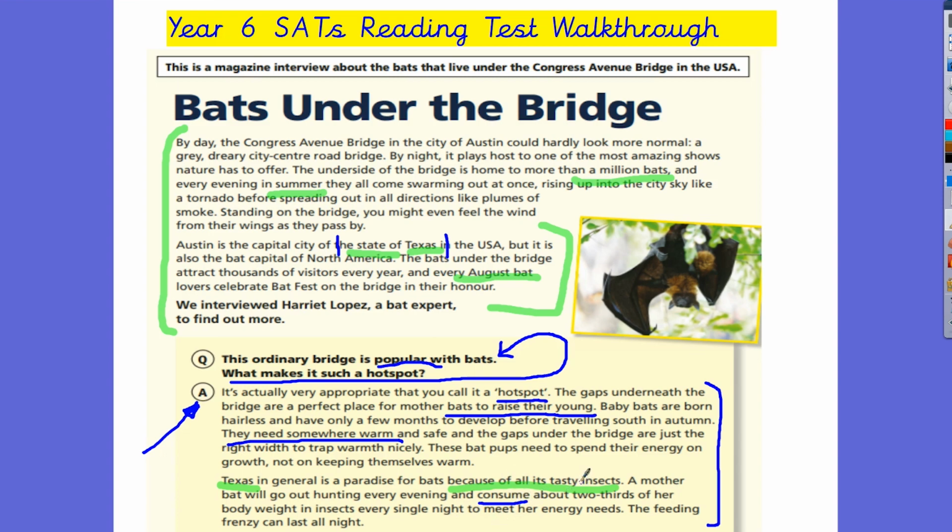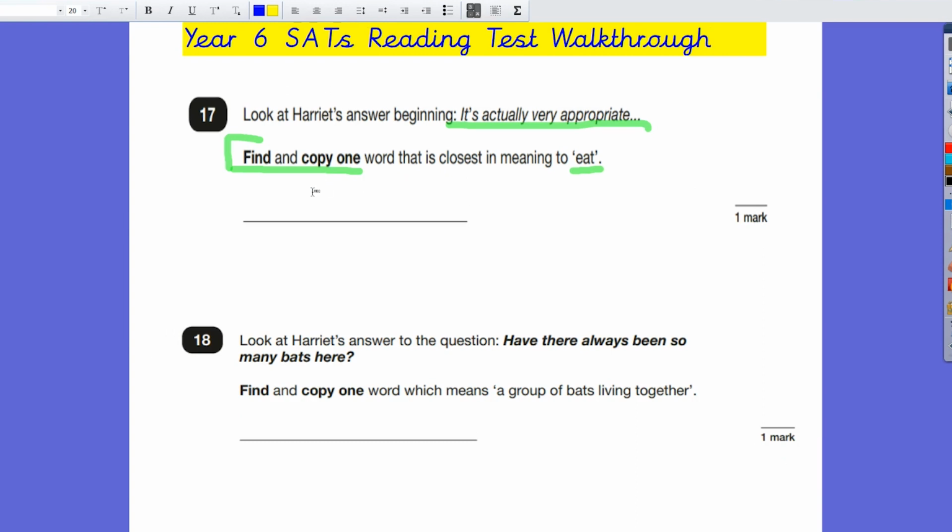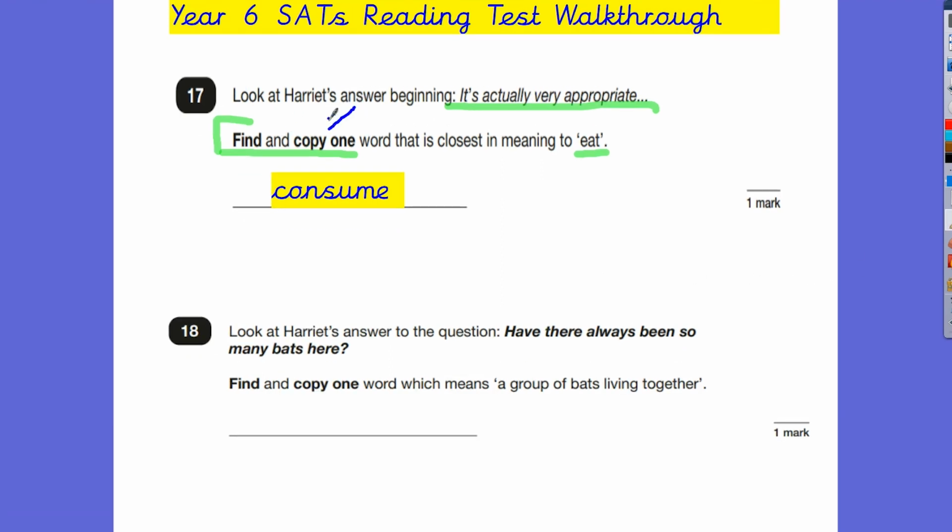So I would guess that the word consume would be fine. Interestingly, it also accepts the word feeding, okay, as a correct answer. So either of those two would be correct. So I'm going to write down the word consume. And just be careful you don't write consume and feeding, because it clearly states in the question you need to write one word.